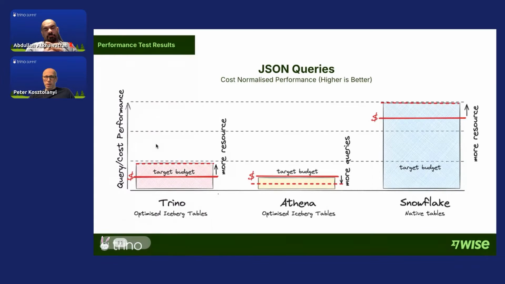But to be fair, it's not really because of Trino, but because of the variant column type, which exists in Snowflake but does not really exist in Iceberg. For someone who doesn't know what a variant column is, it's a specific column type designed for semi-structured data, so it's not like simply keeping the data as a JSON string.